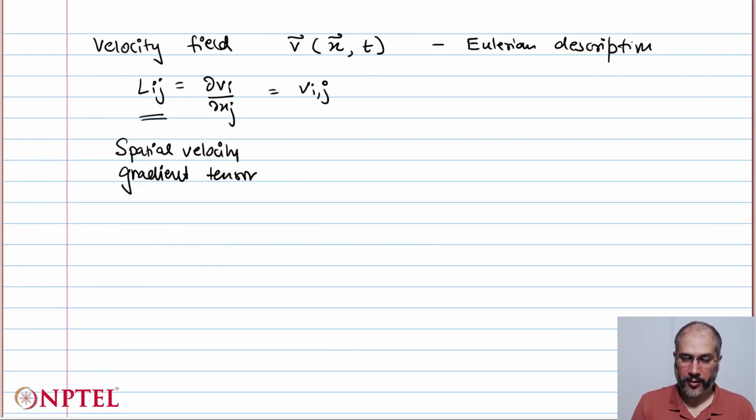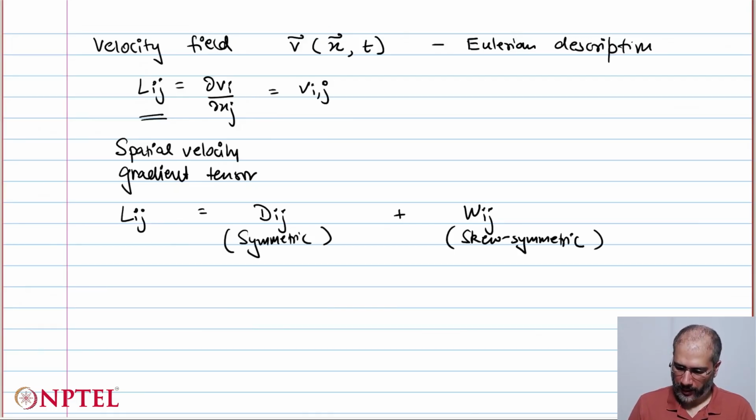So Lij is an important tensor in fluid mechanics, and we can split this velocity gradient tensor into a symmetric part and a skew symmetric part. So this is the additive decomposition, and this symmetric part is called the rate of deformation tensor.